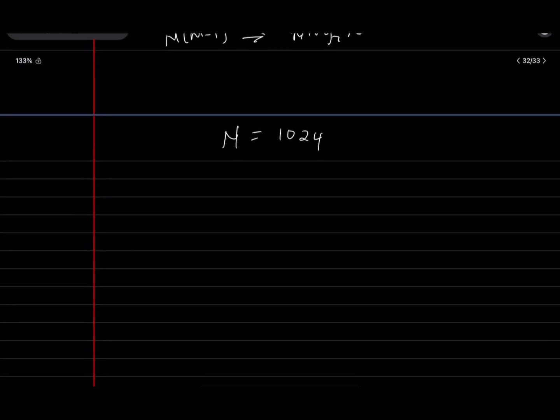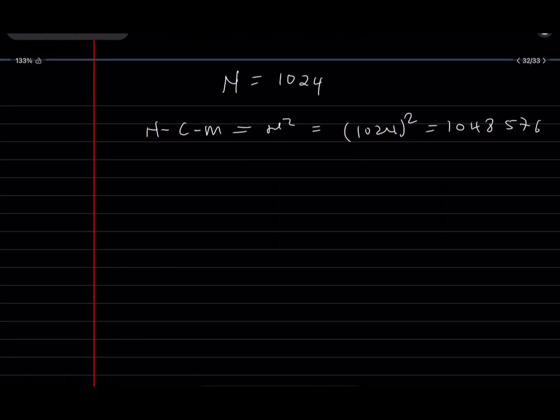When we want to calculate the number of complex multiplications, we have n squared, which is going to give us 1024 squared, and that is equal to 1,048,576. This is the number of complex multiplications.